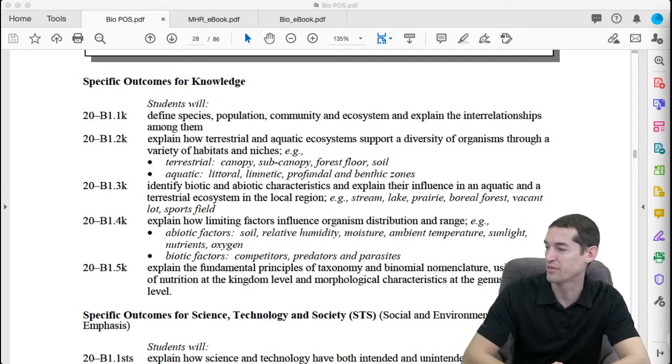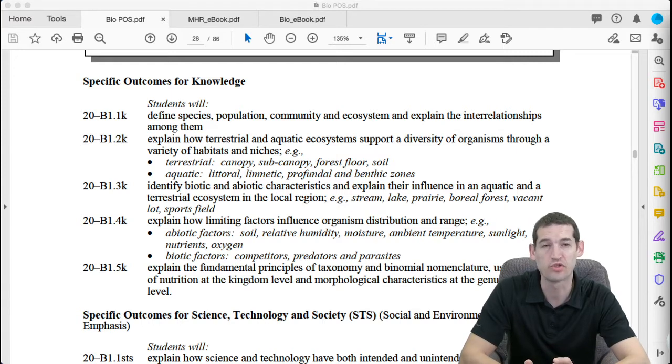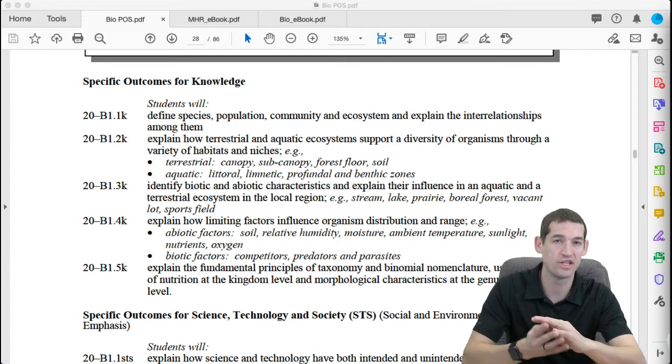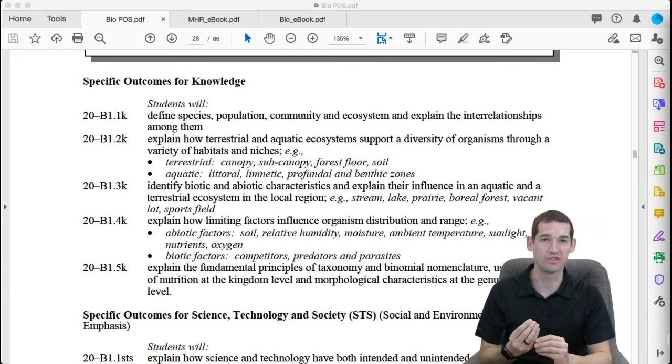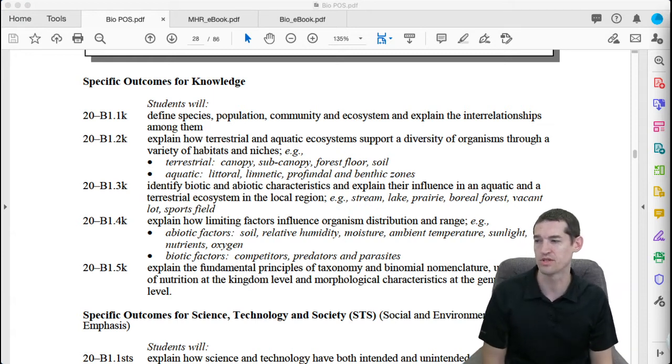1.3 is identifying the biotic and abiotic characteristics that are in these ecosystems and explaining their influence. So the ones that we specifically talked about, we talked about a terrestrial ecosystem and an aquatic, and some of the factors like temperature and rainfall and pH and all of those things that we mentioned. I think there's a lesson on each of those on how it affects terrestrial and how it affects aquatic ecosystems.